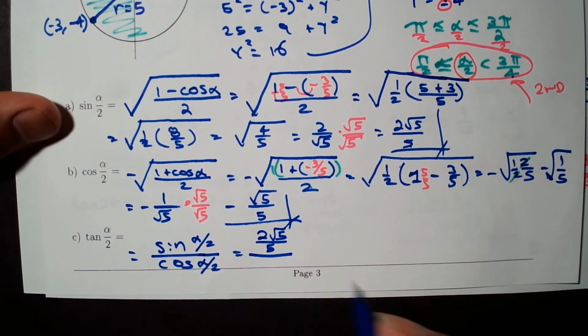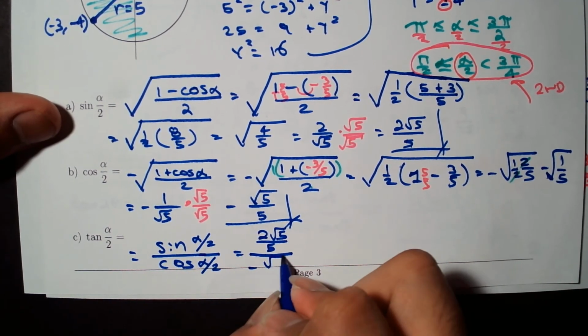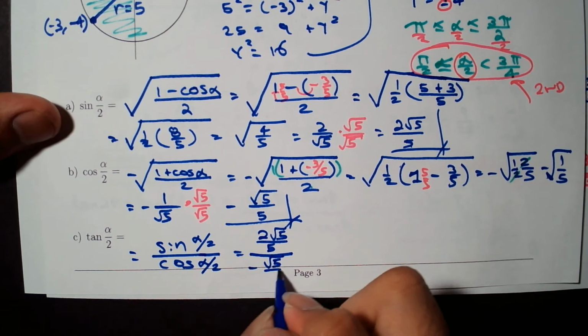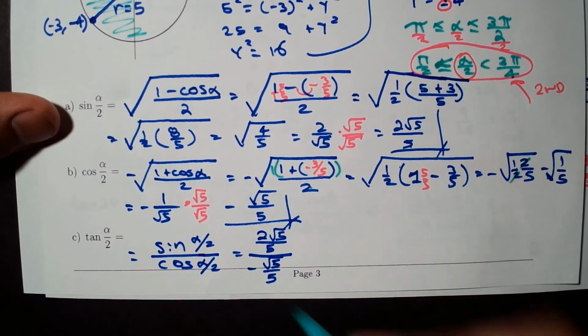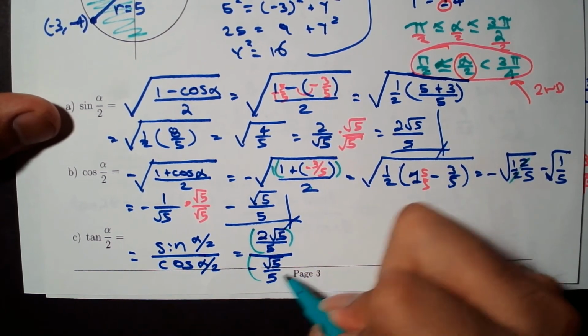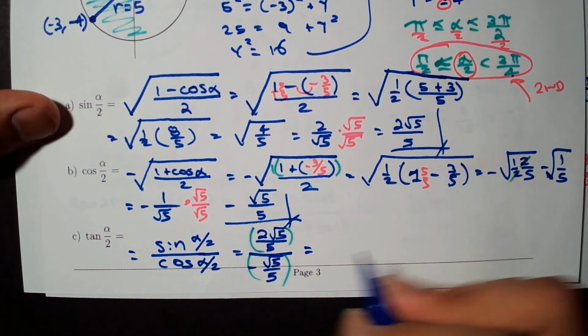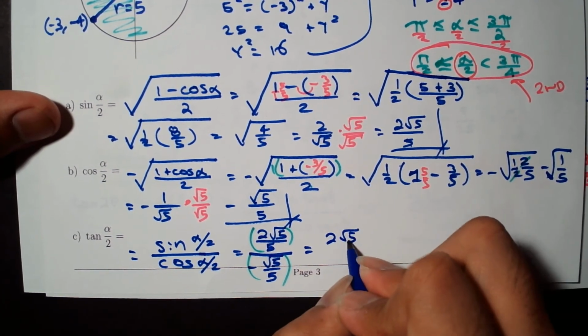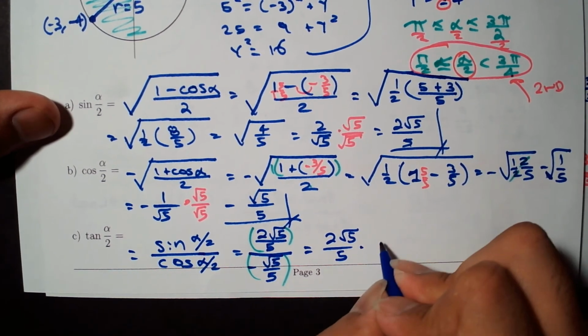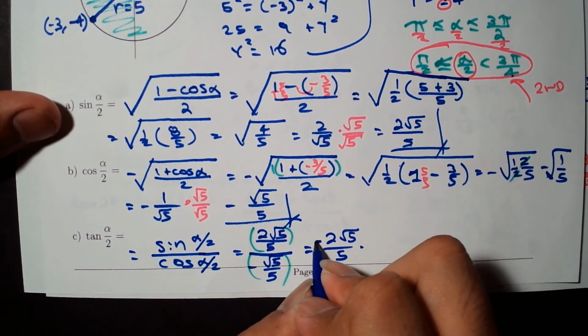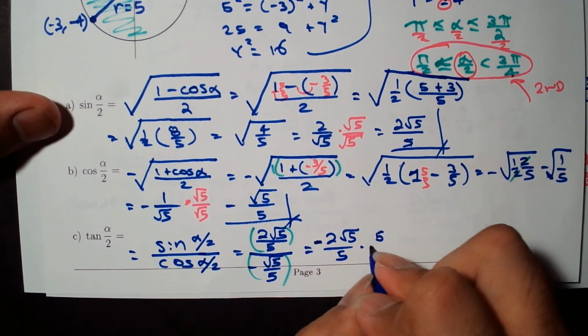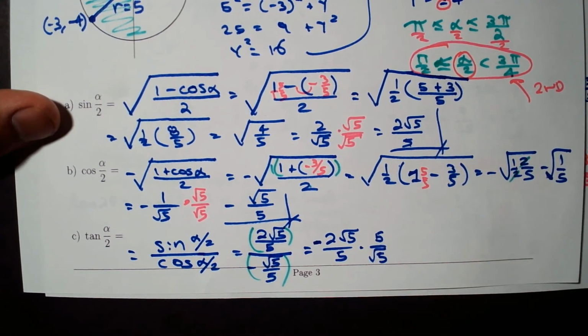It's just right above: negative square root of 5 over 5. Notice we are dividing a fraction by another fraction. So we multiply by the reciprocal of the denominator: 2 root of 5 over 5 times, actually I'm going to put the negative in the front, 5 over root of 5.